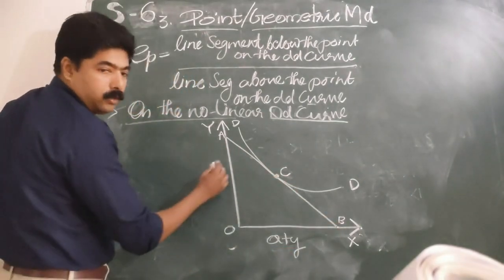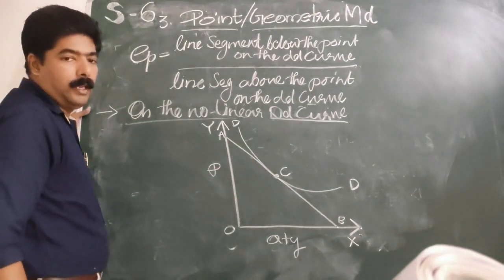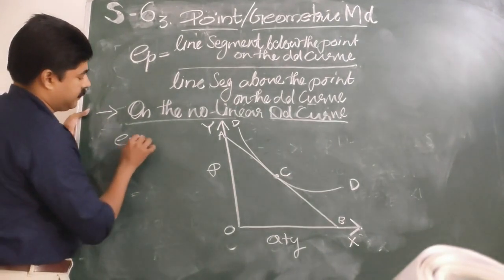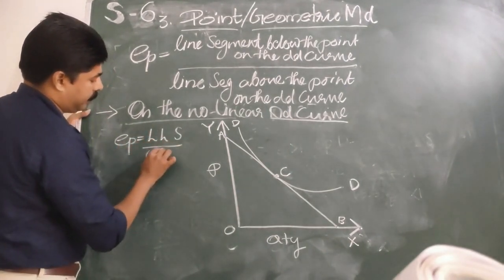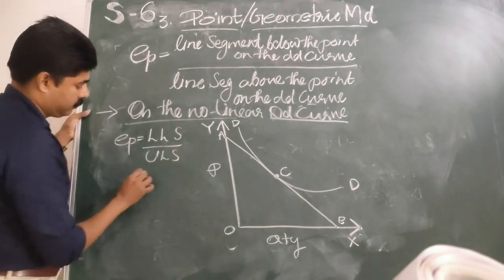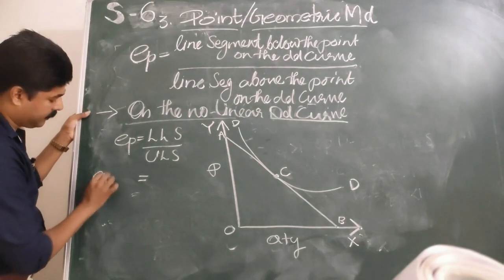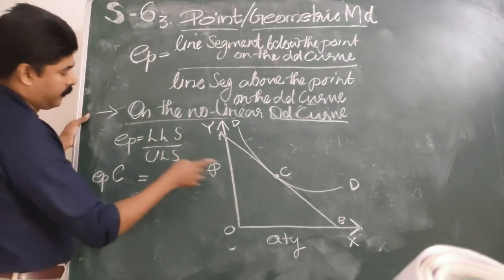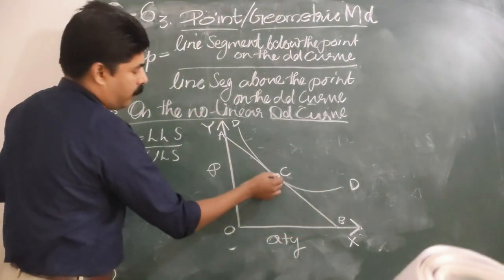Now we are going to find the price elasticity. What is the formula? Price elasticity is equal to lower line segment upon upper line segment. So price elasticity at point C is the lower line, CB, upon CA.